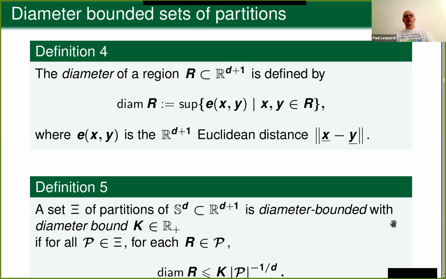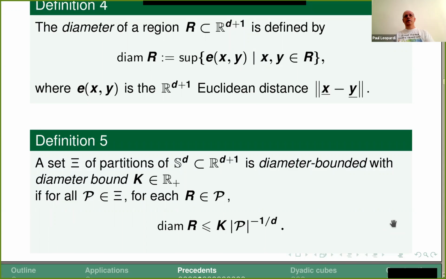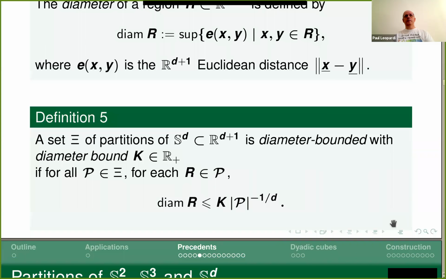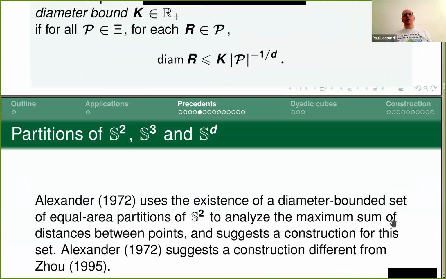Then we say that a set of partitions is diameter bounded with a particular diameter bound. Well, in this particular case, we're in S^d, which is a d-dimensional manifold, and our diameter bound that we want is of order n^(-1/d), which is what you would want in terms of the way that the Lebesgue measure works and the Riemannian metric works. But in this case, we're actually using the Euclidean metric and the Riemannian metric as well.